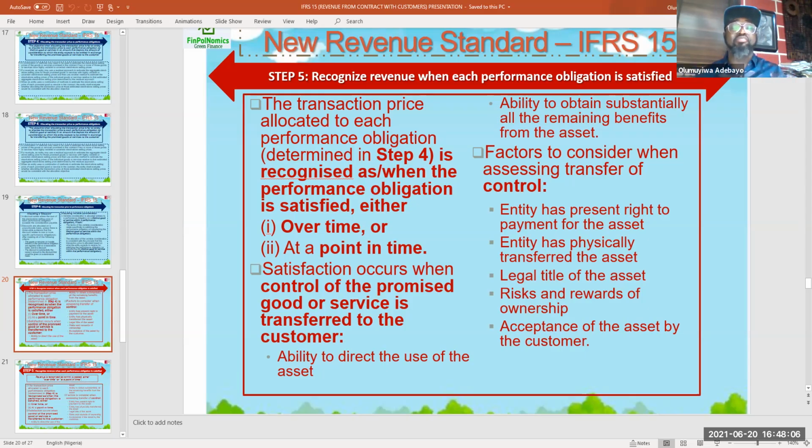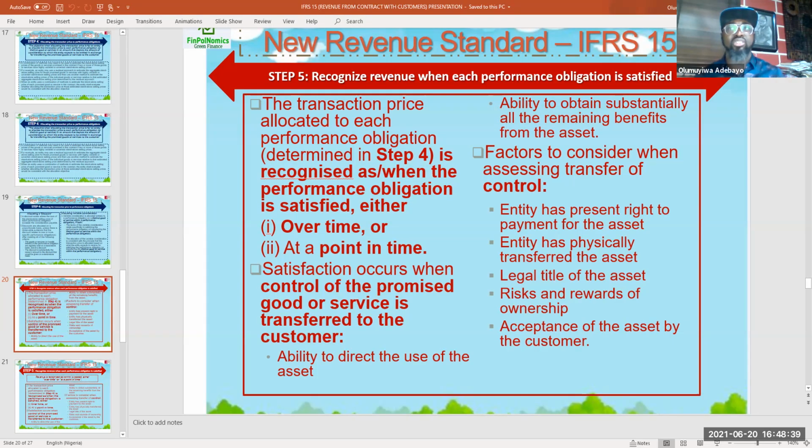Now, the standard identifies about 5 factors that demonstrate, which means it's not necessarily that all, but substantially more of these factors, establish that control may have been transferred from the entity to the customer. And what are these factors?